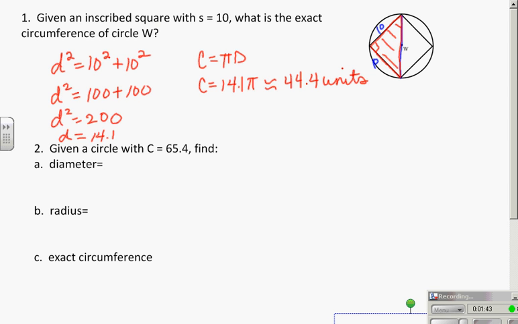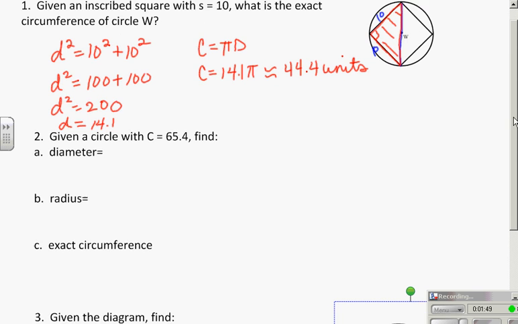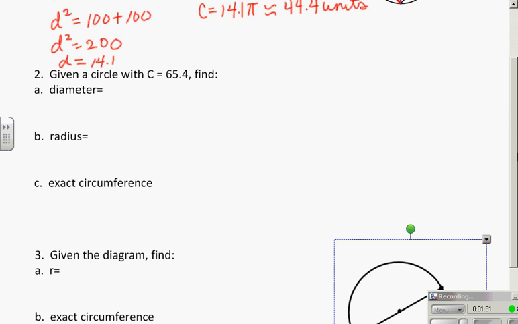Now, if I'm given a circle with circumference equaling 65.4 units, find the diameter. Again, take the formula, substitute in the value that you were given. So 65.4 is equal to pi times d.